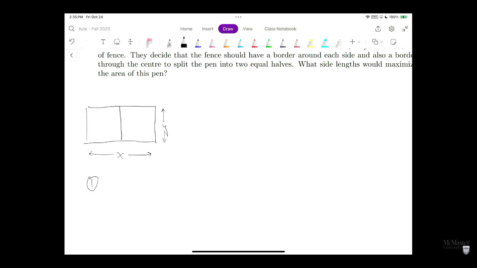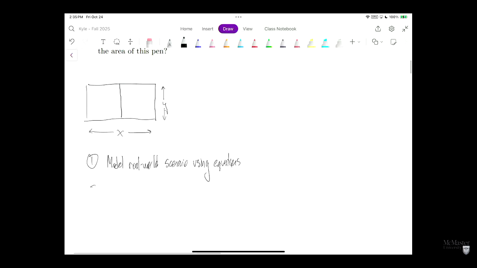So in step 1, we said we're going to model the real-world scenario using equations. Then number 2, we're going to identify the objective and constraint. And I'll talk about what that means in a second.